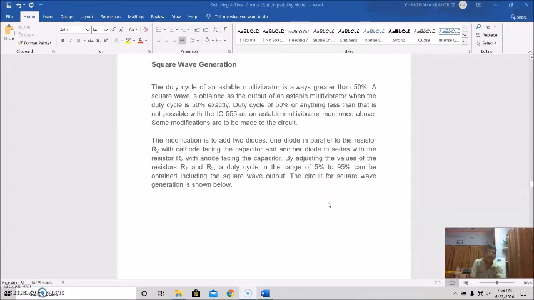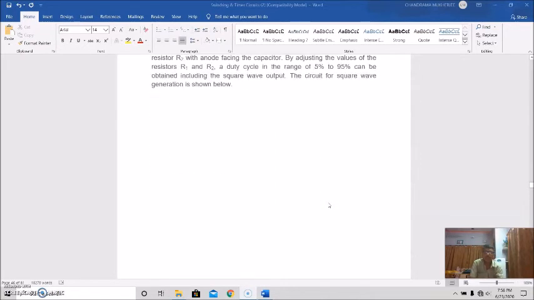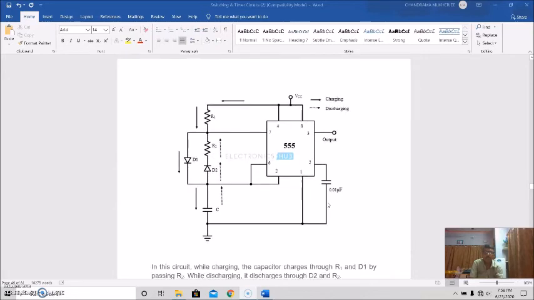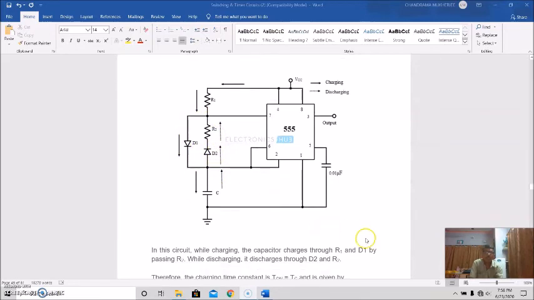So the circuit for the square wave generation will be like this. See, the two diodes D1 and D2 are connected in this way. In this circuit, everything is the same as what we have seen earlier. The only difference is the inclusion of these two diodes in series with, and parallel across, R2.